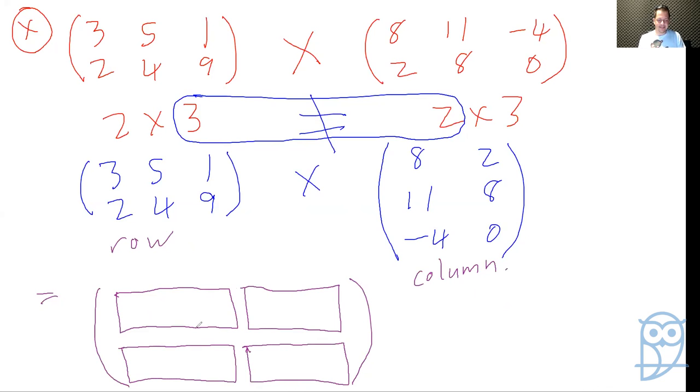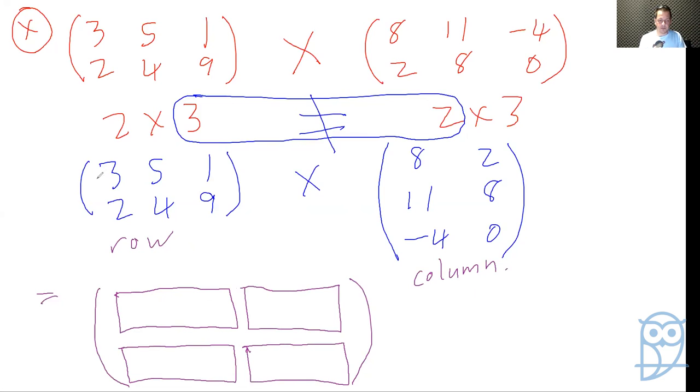So this element over here, remember I said you can name it as a 1-1 or a 1-2 or a 2-1 or something like that. So here, this element is 1-1 because it's row 1, column 1.